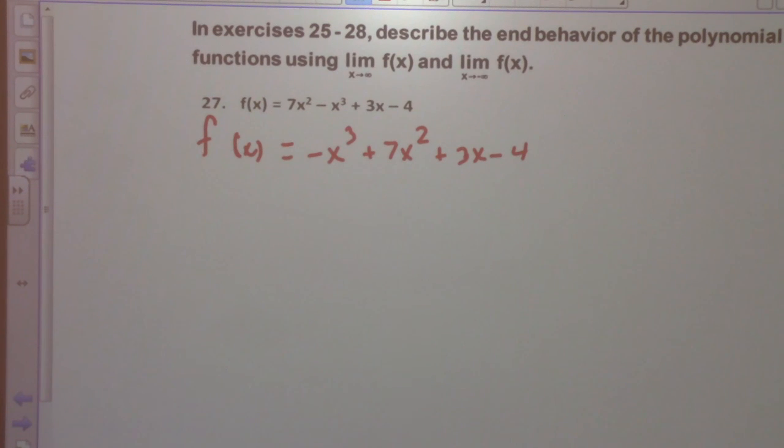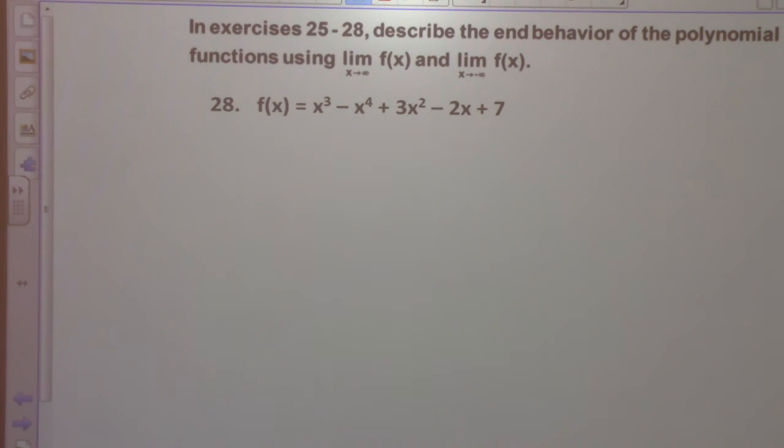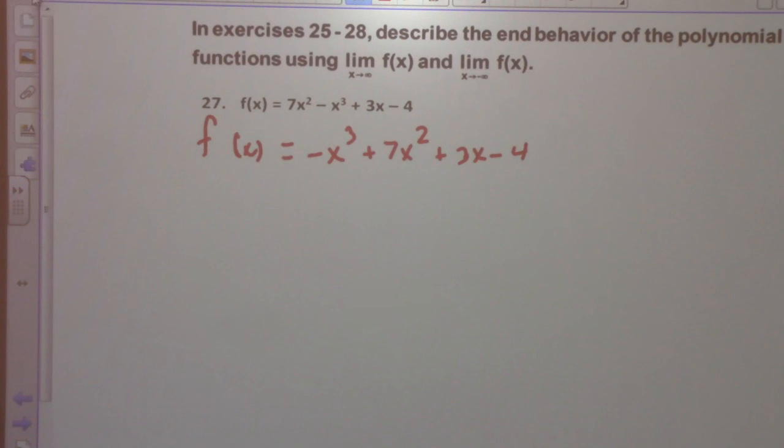There's 27 and there's 28. Okay, 28 you need to rewrite too. But really, that's all there is to today's exercise set. Do you have any questions on these? Are y'all finished, Karina? So I'll give you the opportunity to finish these, and we'll just call that a wrap on this.